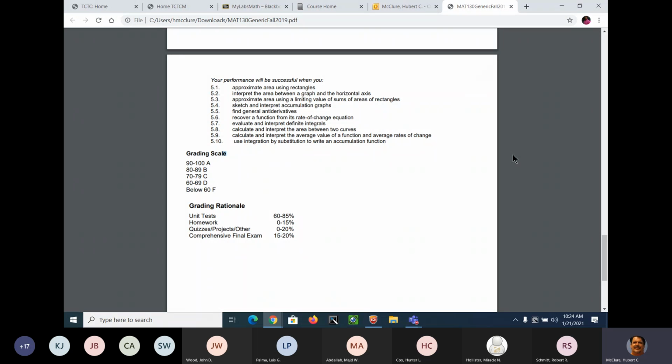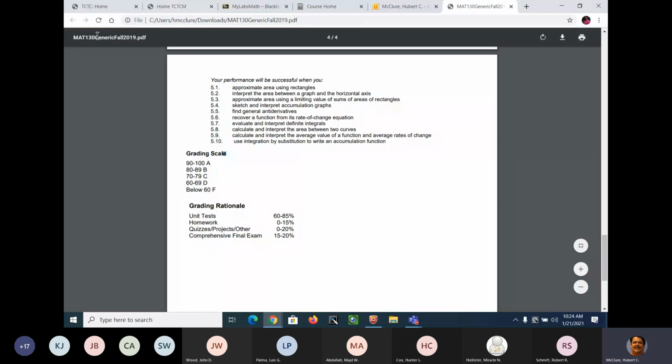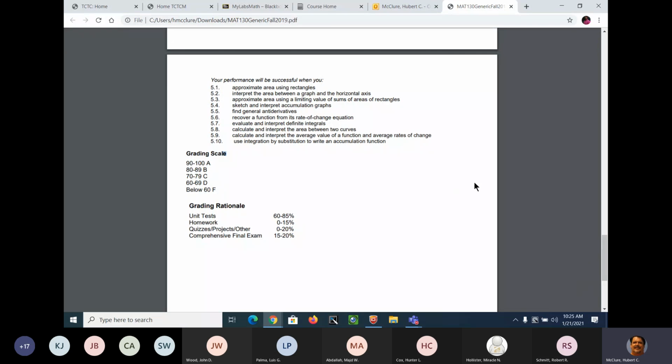Grading scale. We have adjusted the syllabus and the outline to where Tri-County Tech also did away with week of finals. Your final exam in all your classes will be the last day of class. Now, some teachers are combining the last test with the final exam.